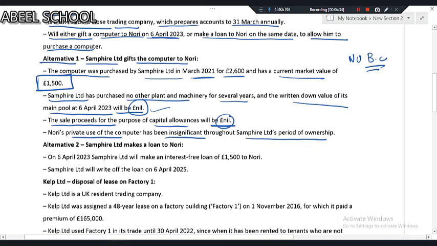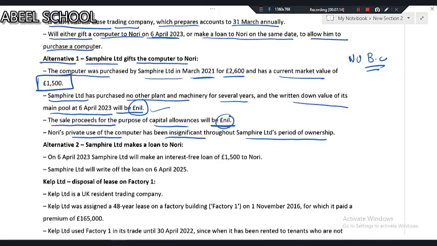Another thing: some students might be thinking why it is not resulting in a balancing allowance. In the main pool and special rate pool, a balancing allowance cannot arise unless the entire business is sold or ceased.